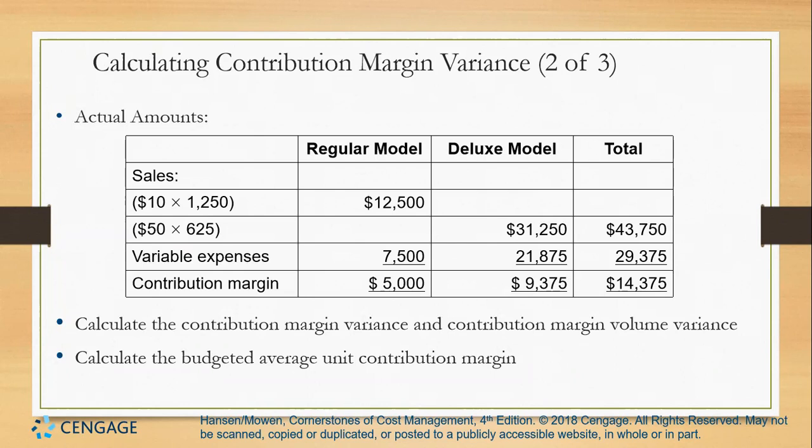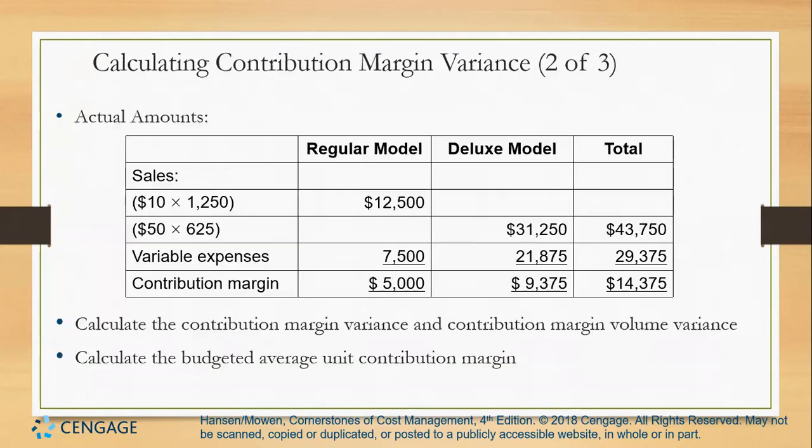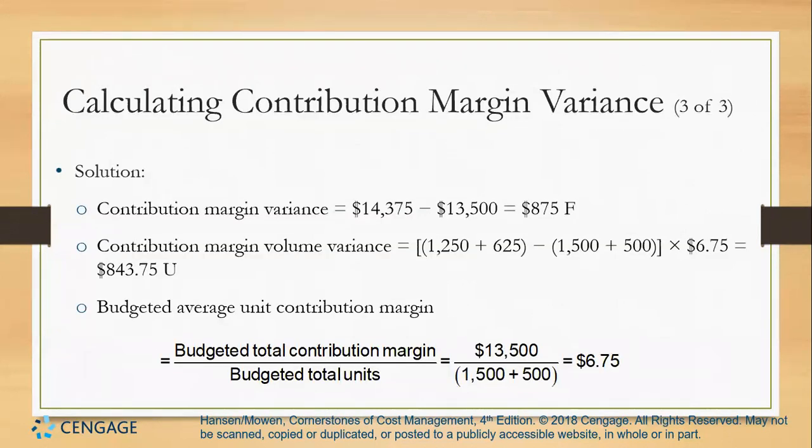Actual contribution margins: regular 5,000, deluxe 9,375. Okay, so calculate the contribution margin variance, the volume variance, and the budgeted average unit contribution margin.